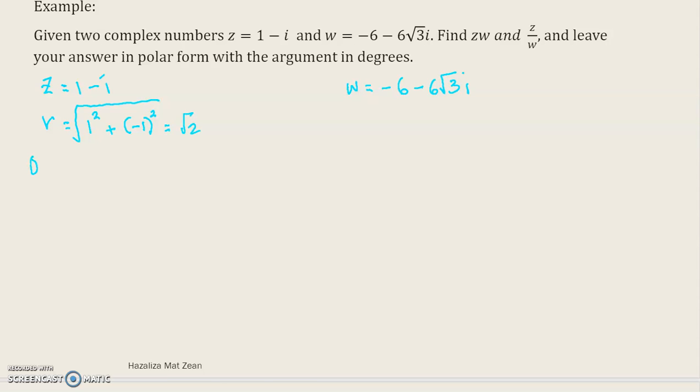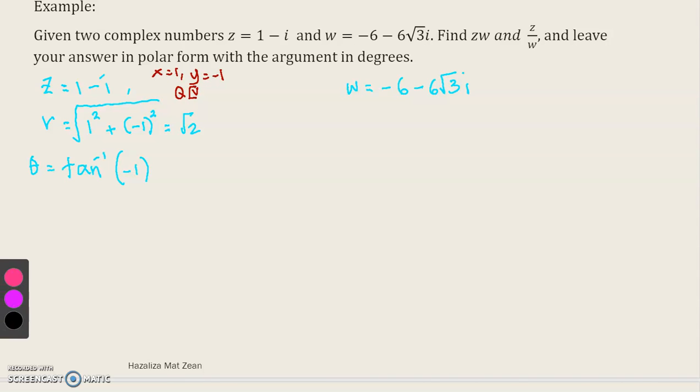And then theta is arctangent of negative 1 over 1, right? So theta is negative 1. And then we have to check that for this complex number z, x is 1 and y is negative 1, so x is positive, y is negative, then the complex number is in quadrant 4.